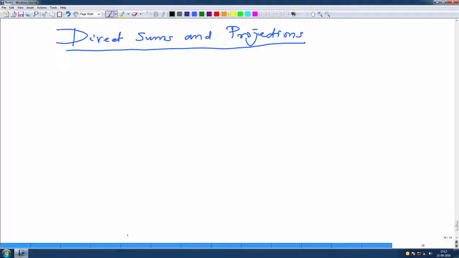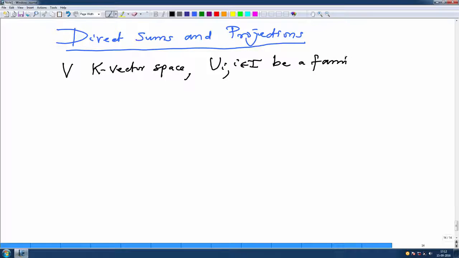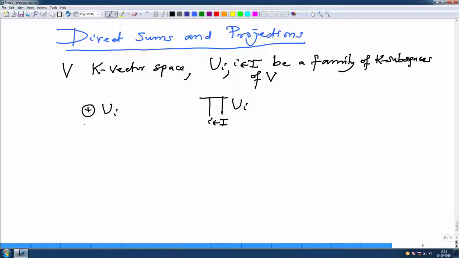So, as I said, V is a k vector space and let U_i, i in I, be a family of k subspaces of V. Then we have this product space of the U_i and also the direct sum, which is a subspace of this product space.